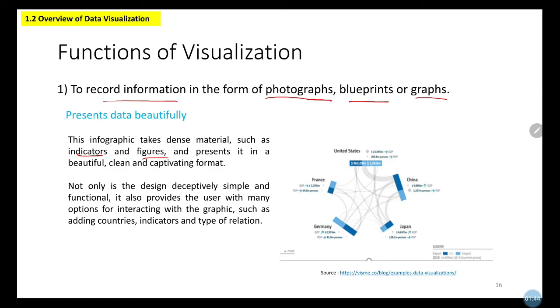In this infographic, it is not only the design that is simple and functional, but it also provides the user with many options for interacting with the graphic, such as countries, indicators, and the type of relation. So it's more interesting.